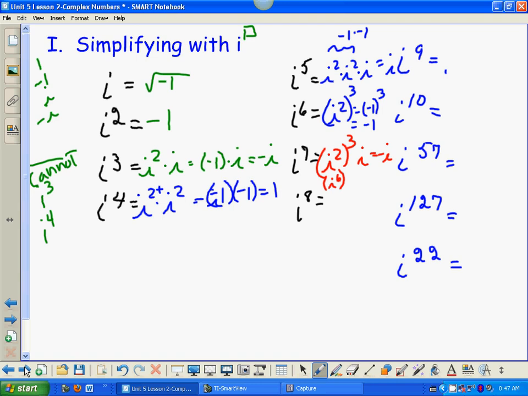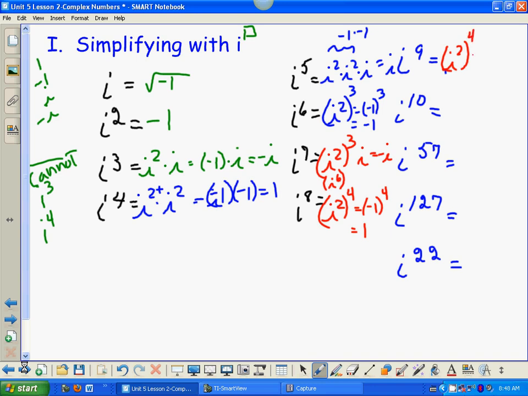And hopefully you're starting to see a little bit of a pattern here. i to the eighth is i squared to the fourth. So when you take a negative and you raise it to an even power, you just get a positive 1. So when you're doing all of these bigger ones, i to the ninth, I can think of i to the ninth as i squared, remember that base number that I have to know, to the fourth.